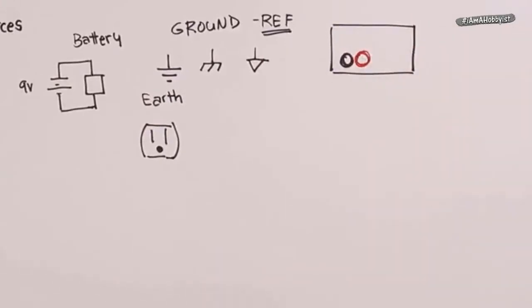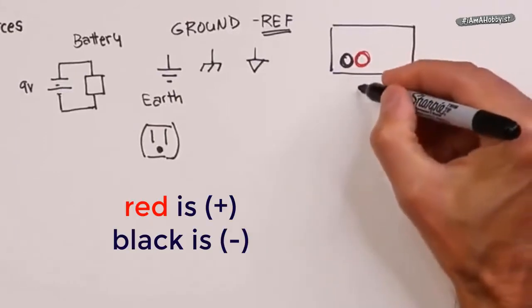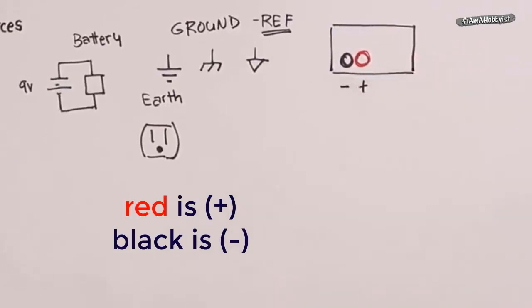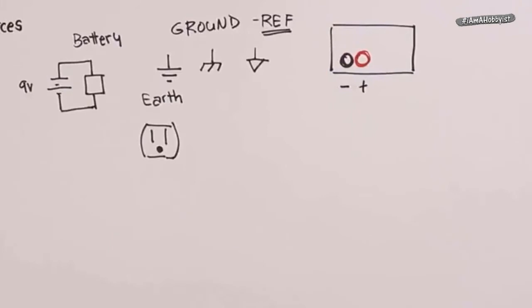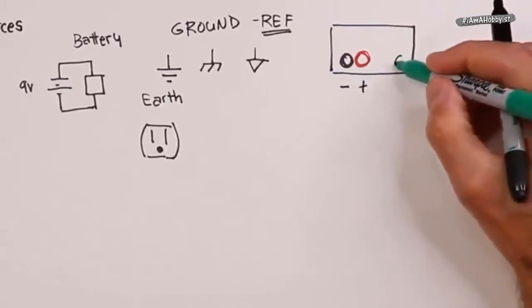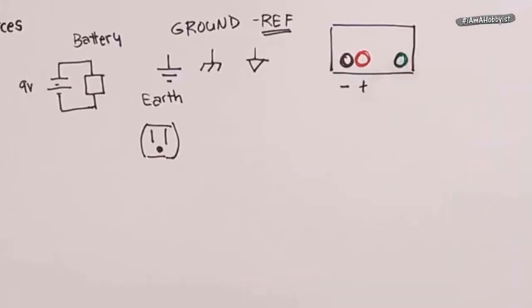The color code basically is that the red is the plus and the black is the minus. It's not necessarily going back to true earth ground. There probably will be on here a green color-coded lead that is in fact true earth ground.